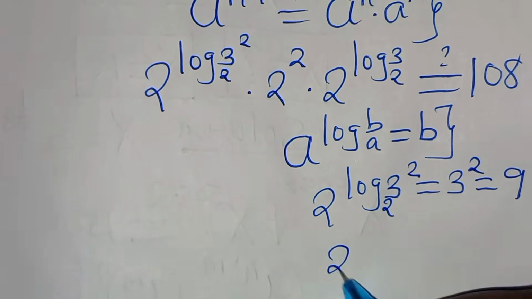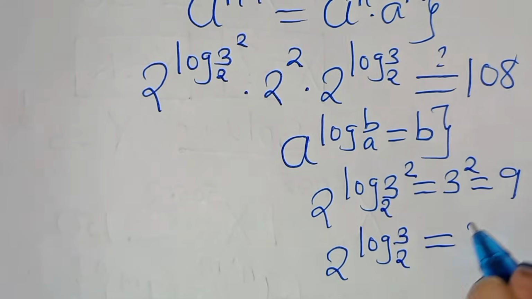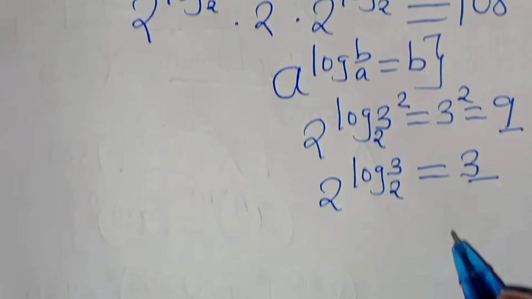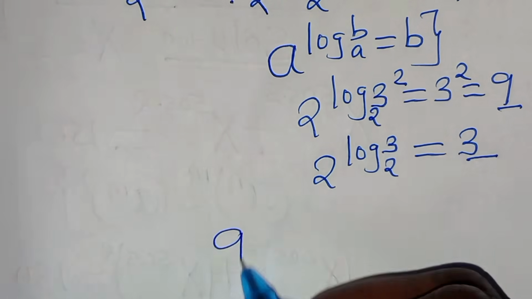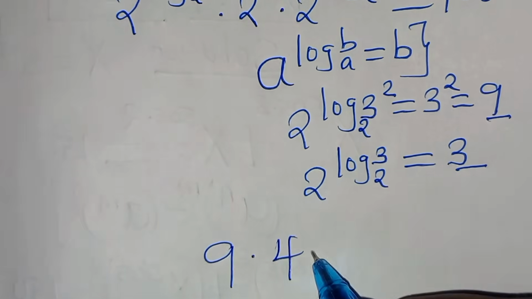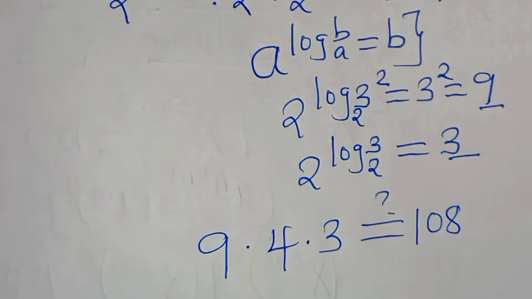And we have that 2 to the power of log 3 to base 2 is equal to 3. Let's substitute 9 and 3 so that we have 9 times 2 squared, this is 4, times 3. This should give us a value of 108.